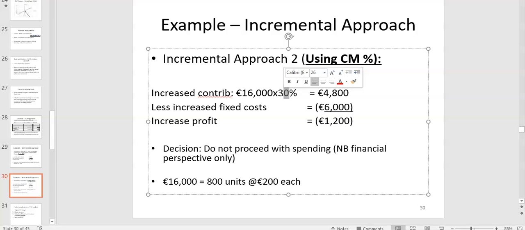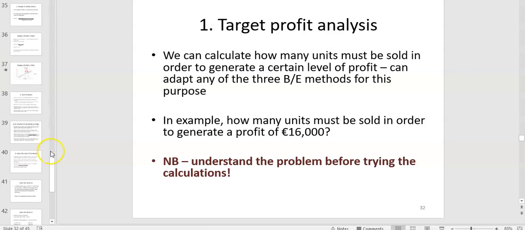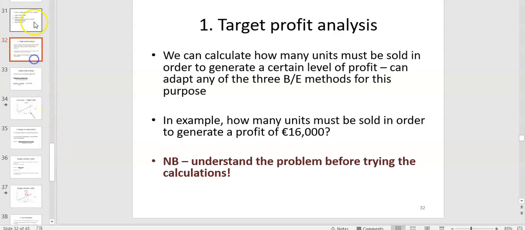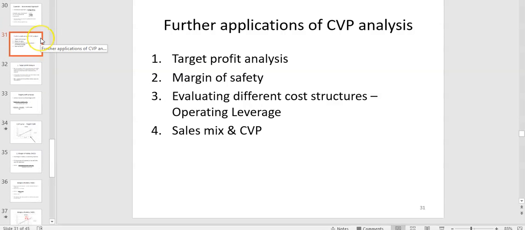All right. So what we're going to look at for the end of this session is some different uses or applications of CVP analysis. And a lot of these are just a stepping stone above what we've looked at currently. So firstly, we're going to look at target profit analysis. So CVP allows us to say, well, if we want to make a target profit for the year, what's the level of output that we need?